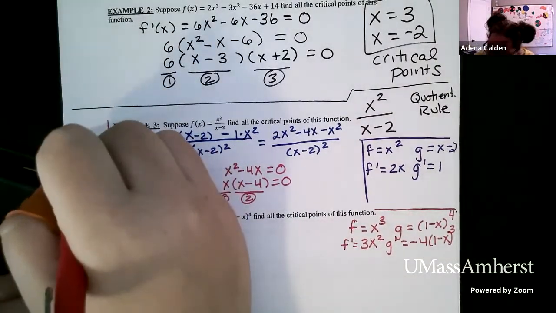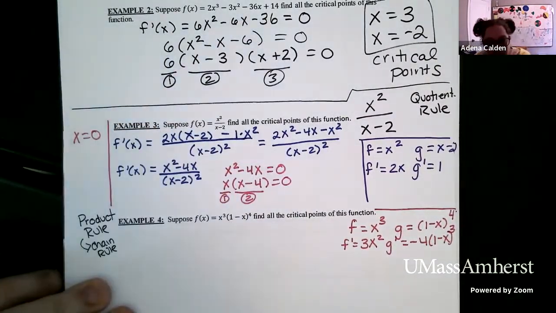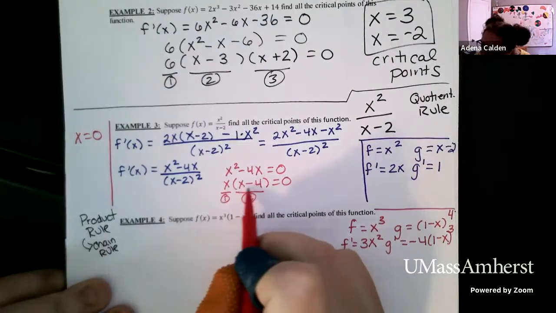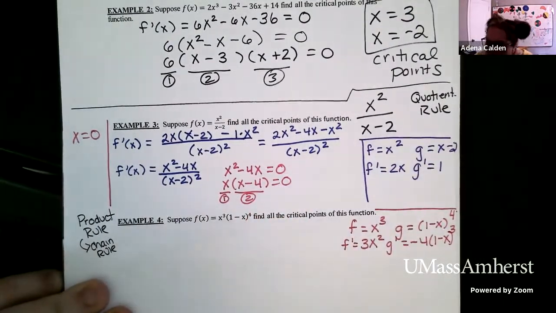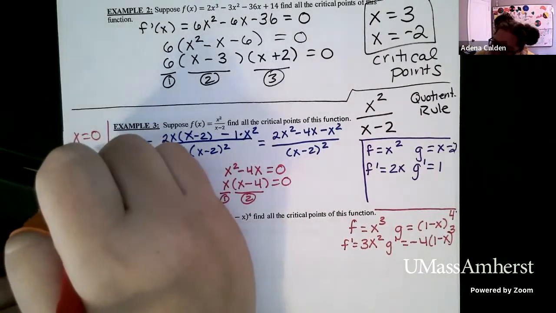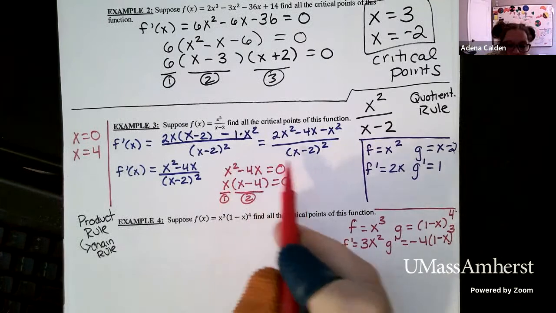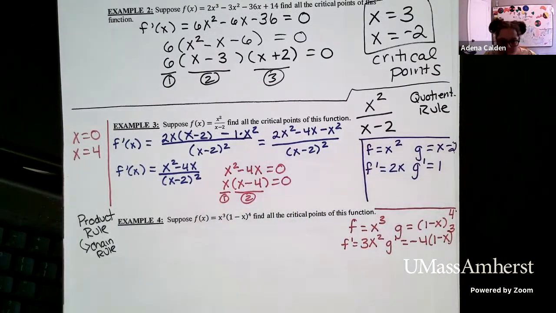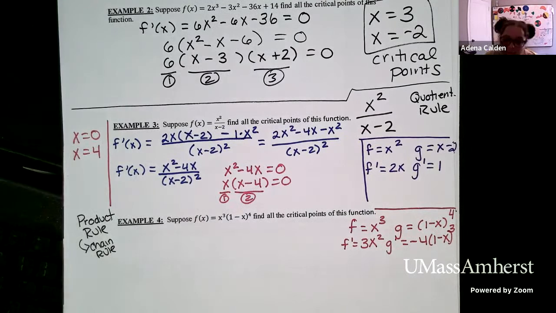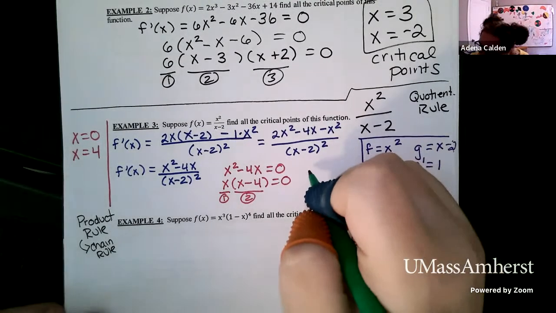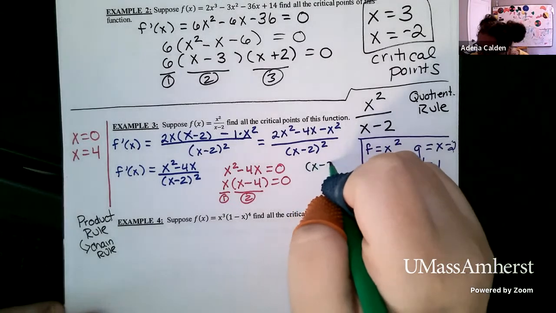So I'm going to keep my critical point list over here. So x equals 0. And then x minus 4 equals 0. If I solve that, I get x equals 4. So I get two critical points by setting the numerator equal to 0. To determine if this function is undefined, I need to take the denominator and set that equal to 0.